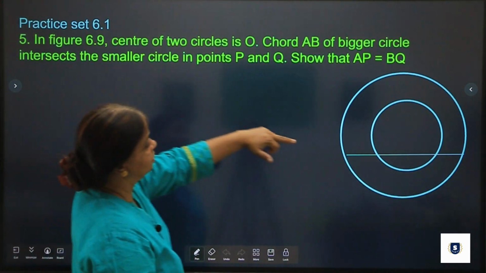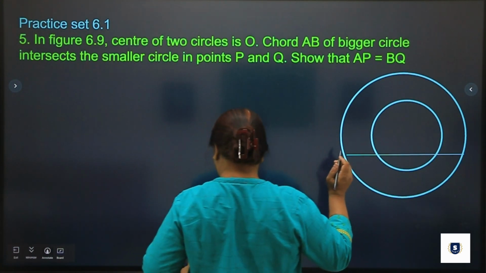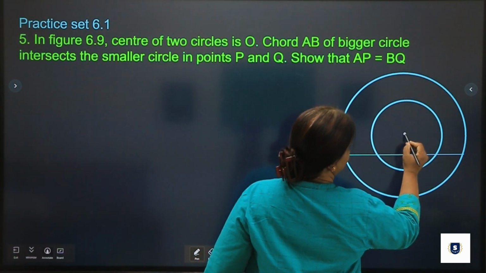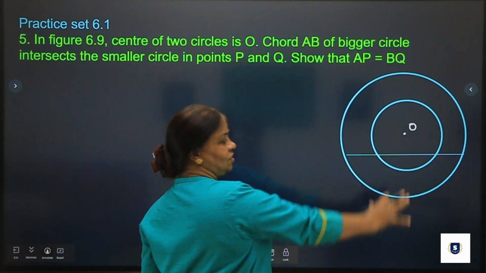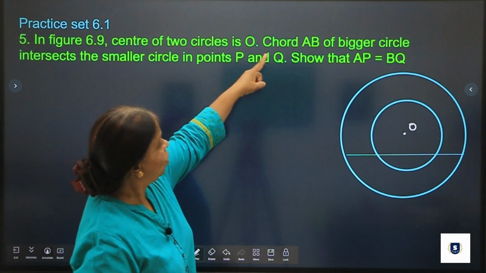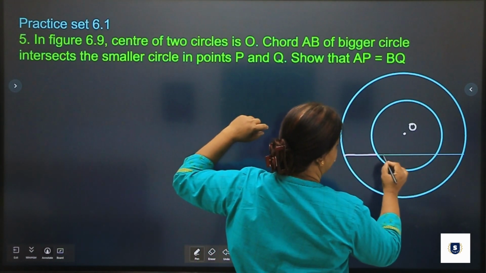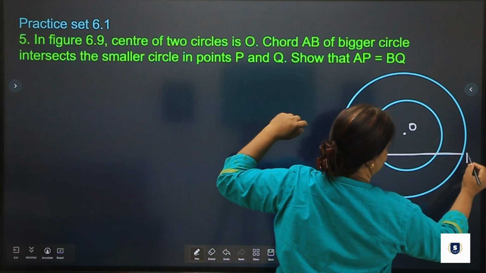In this figure, the center of the two circles is O. O is the center. There are two circles drawn here, already I have drawn. And chord AB is of the bigger circle. This is the chord AB. This is a big circle.